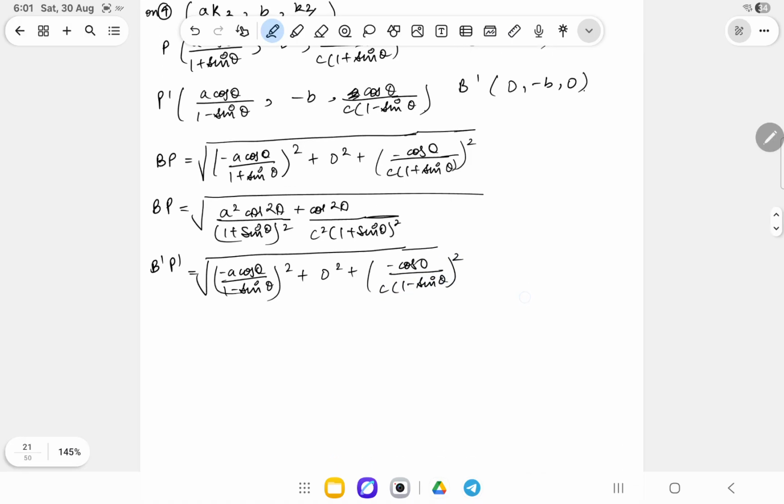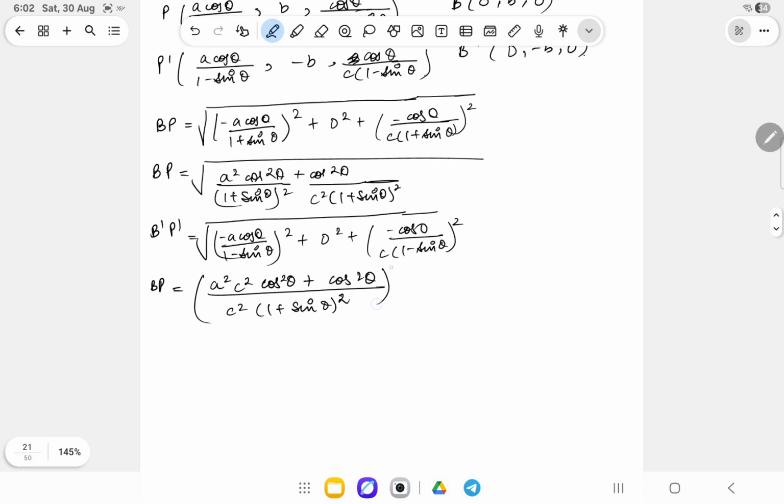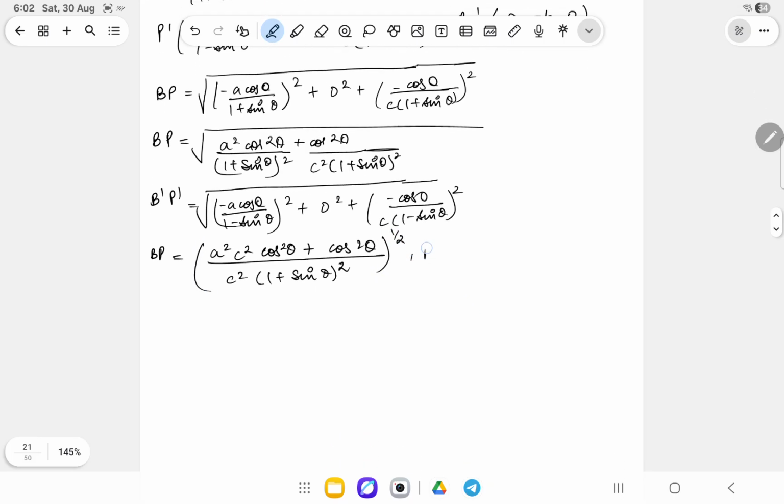So if I further simplify, my BP will be a square into c square cos square theta plus cos square theta upon c square into 1 plus sin theta whole square raised 1 by 2, and my B dash P is basically a square c square cos square theta plus cos square theta upon c square into 1 minus sin theta whole square raised 1 by 2.